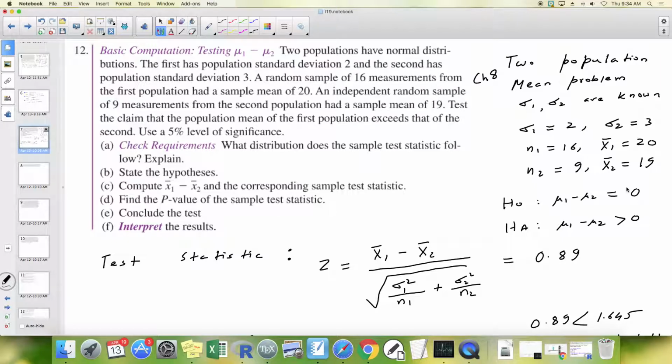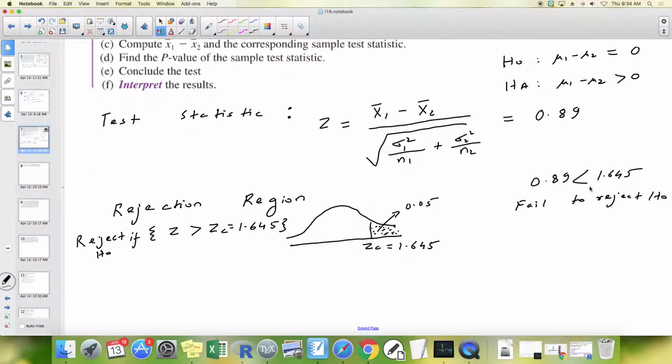Which means you'd say that the population mean for the first population is not more than the second population.